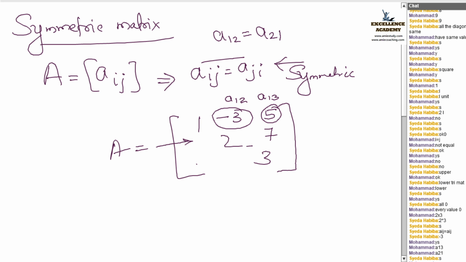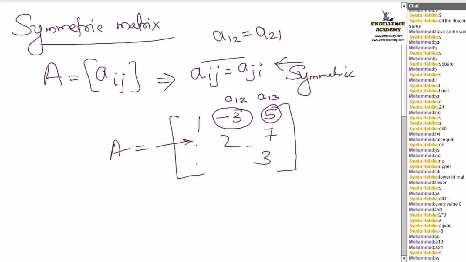Therefore, this should be equal to -3, right.